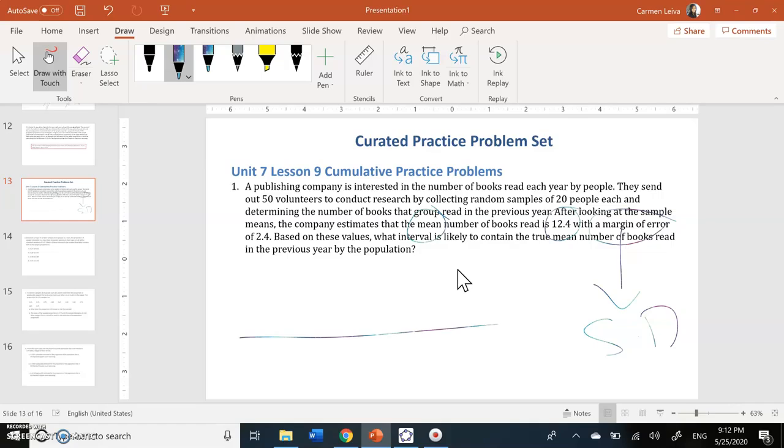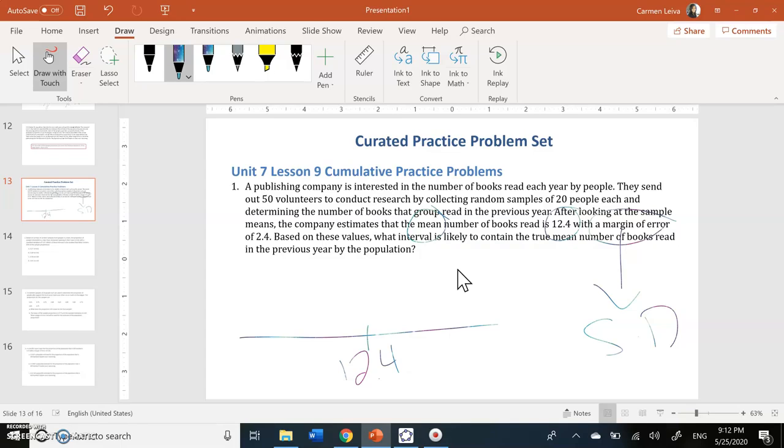If I were to create a normal distribution, what number should go in the middle? The mean. You're not given the standard deviation, but you're given the margin of error, and that would serve as a standard deviation.